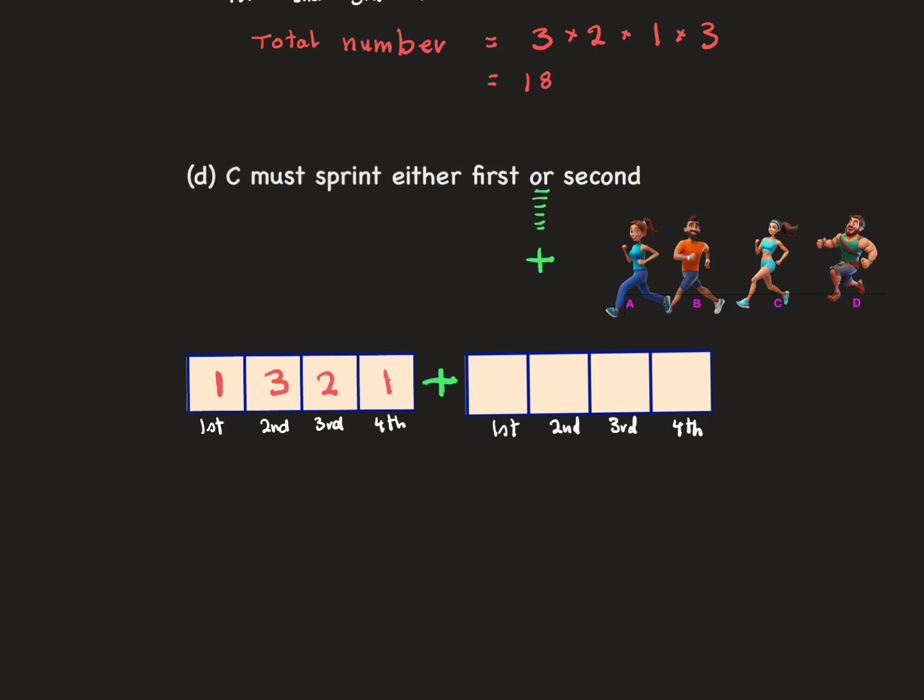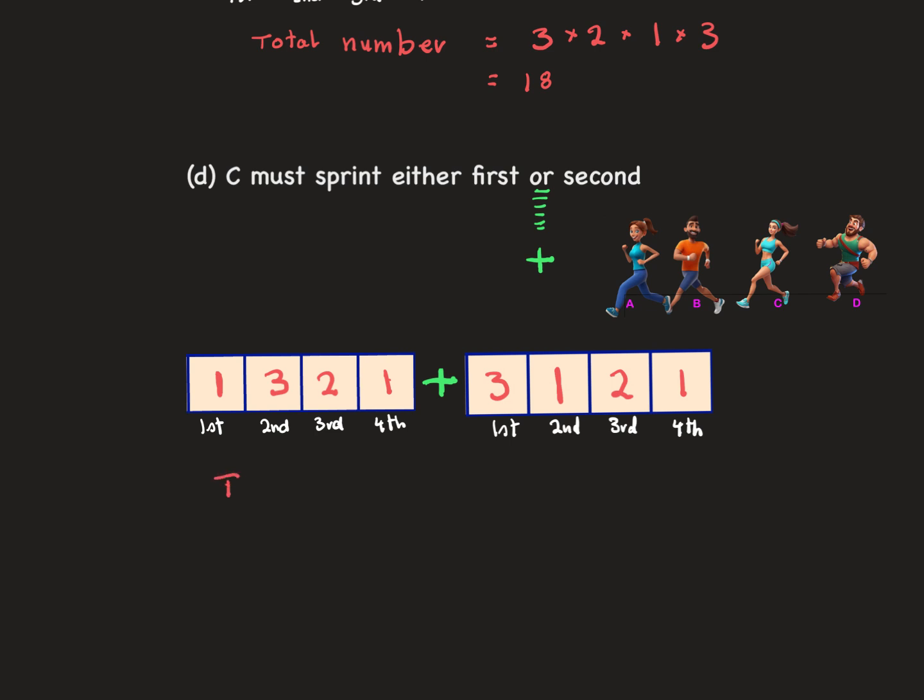Now, for the second, C must sprint second, so C must be in the second order. So for the first position, we have 3 places. Third position, we have 2 places. And 4th position, we have 1 place.